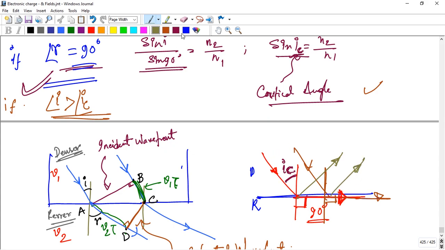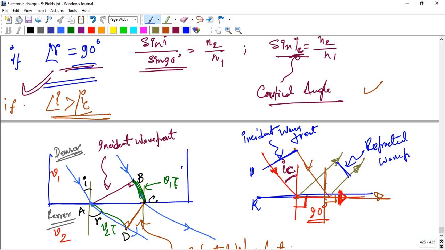So that's the incident wavefront, and that's the refracted wavefront going back to the denser medium.